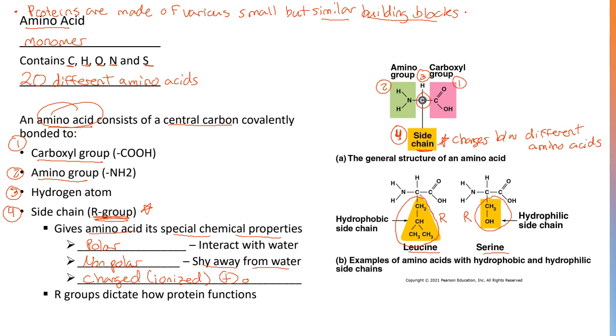So this is only about the R groups: polar, non-polar, charged, positive or negative. These R groups dictate how the protein is going to fold. This is extremely important because, as I'll talk about in a few slides, the shape of the protein determines the function of the protein.